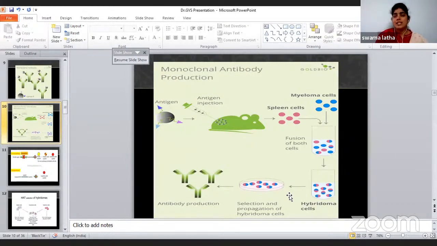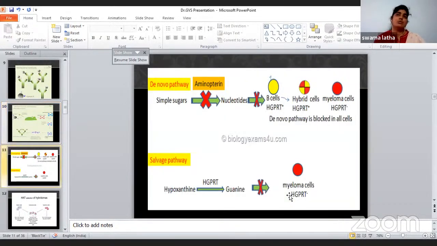So in order to select a hybrid cell made of only a spleen and a myeloma cell, we need to provide a mechanism. What is that mechanism? Here we relate it to nucleic acid synthesis. In general, we have two different types of nucleic acid synthesis metabolisms: the de novo pathway and the salvage pathway.